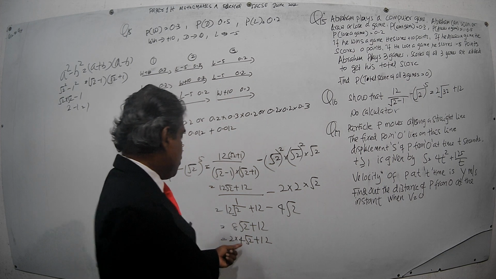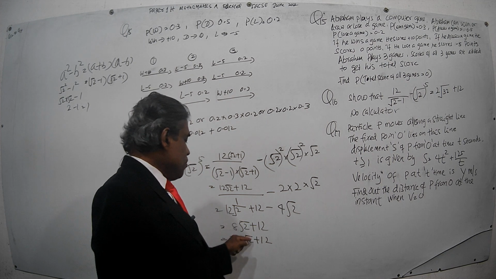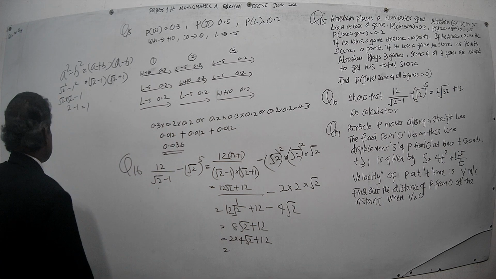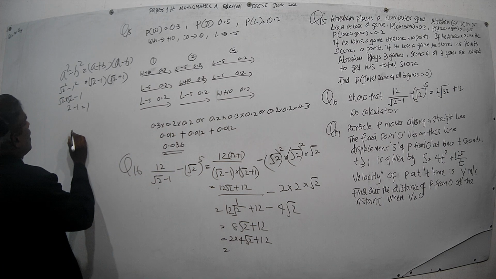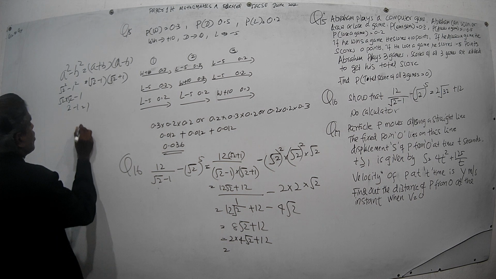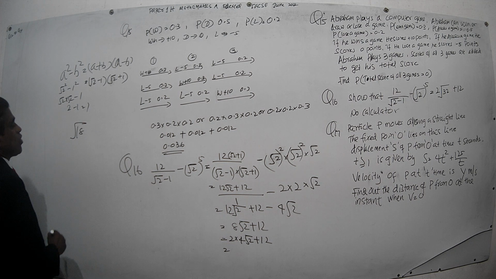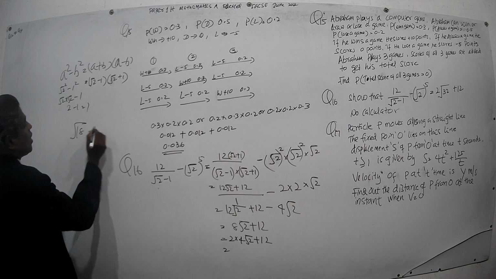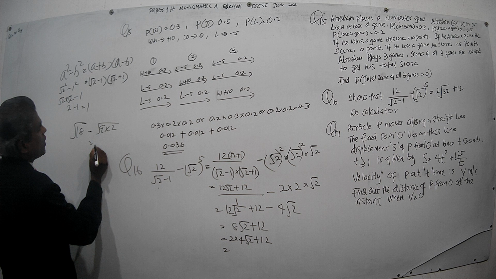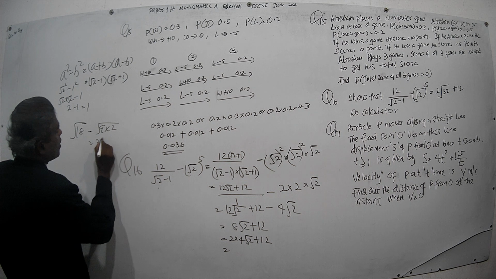Then this 4 is taken in by squaring. So whenever you want to take something in, say for example, let's say square root 18, then you can simplify this. This one is 9 times 2. Then square root 9 is 3. Then square root 2.